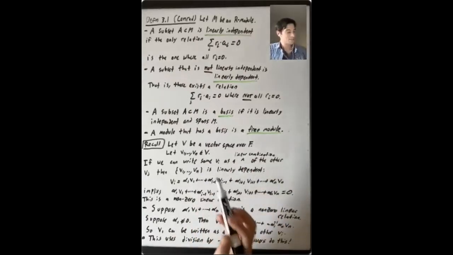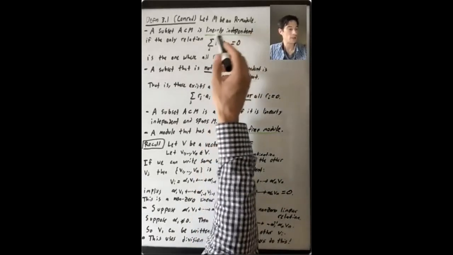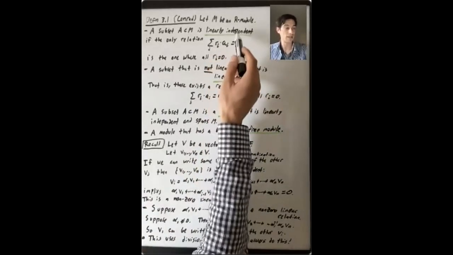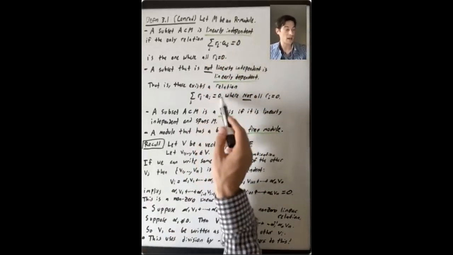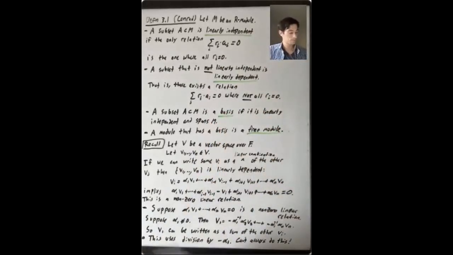So what did we use here? Nothing. This is going to be a property that is true if you're in an R module and you have a set where you can write one element of your set as an R linear combination of the other elements of your set, then that set is not going to be linearly independent. You'll get a non-zero relation, and your set will be linearly dependent.